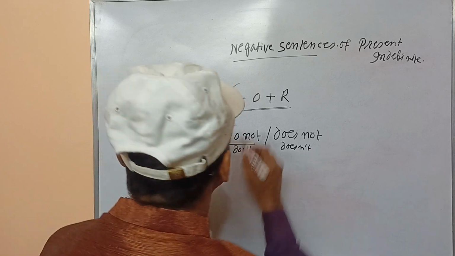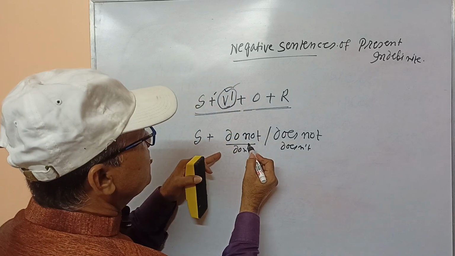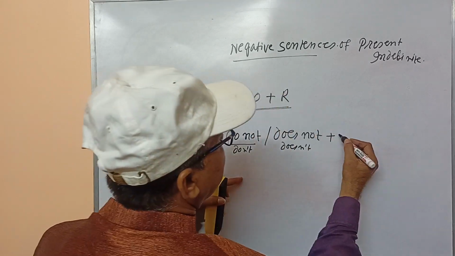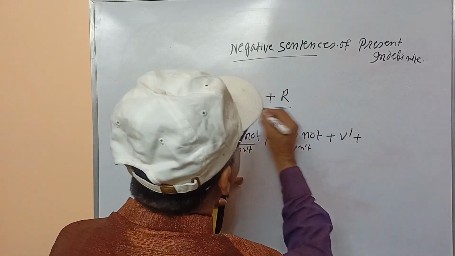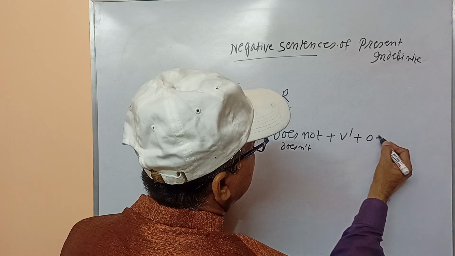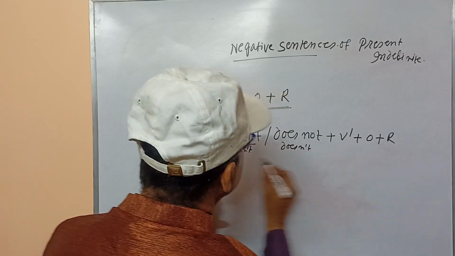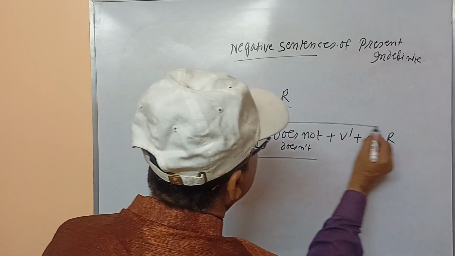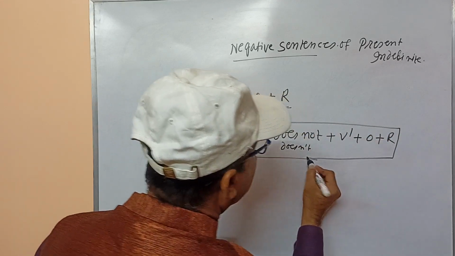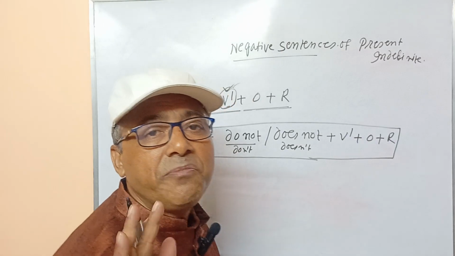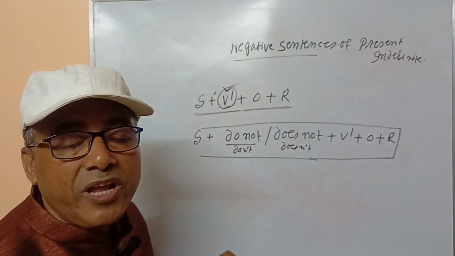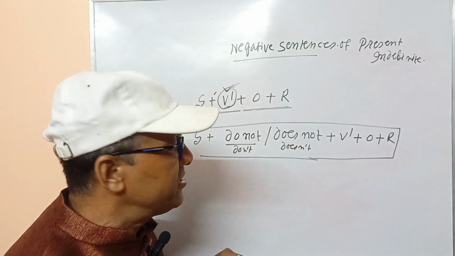So subject, do not, does not, and then verb 1 will come. Verb 1, then same remaining, I'm sorry, object and remaining. So it is the rule, it is the formula of creating negative sentences of present indefinite or simple present.